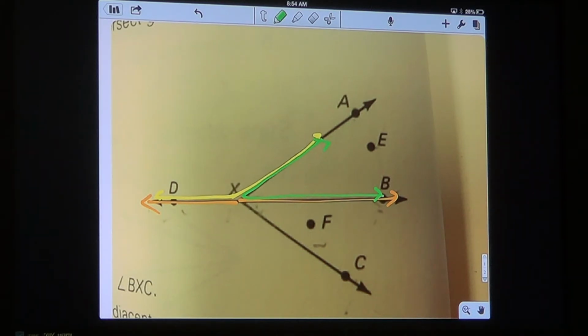True, yes. Those are adjacent angles, they share a side, and the rays that they named are the outside of the two adjacent angles, the exterior.